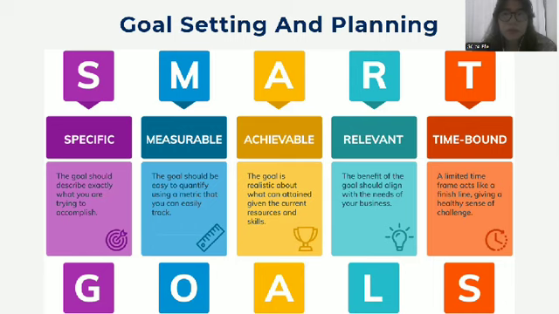It's probably because the goal they set isn't smart. So they should follow the rules of setting smart goals. That would make their goal more achievable and they would be more motivated towards their goal.